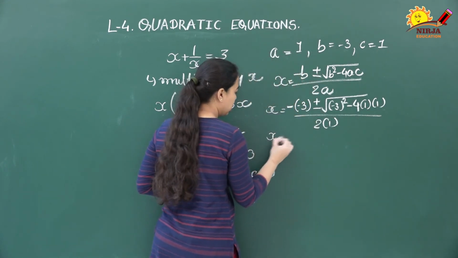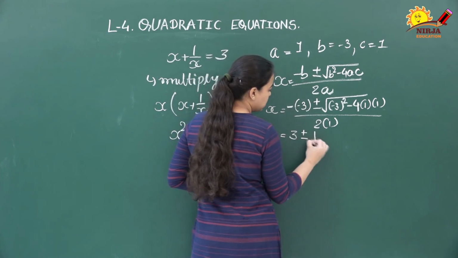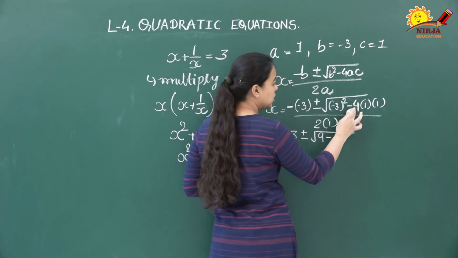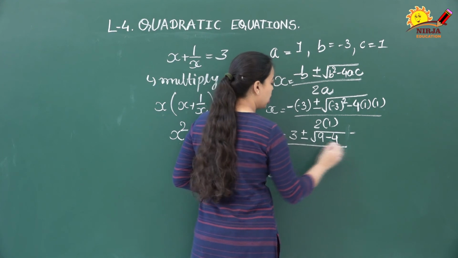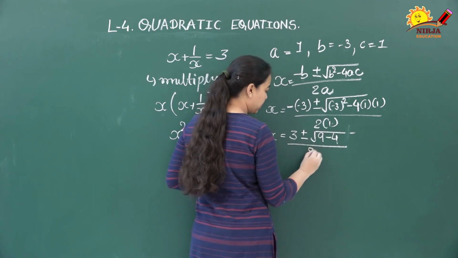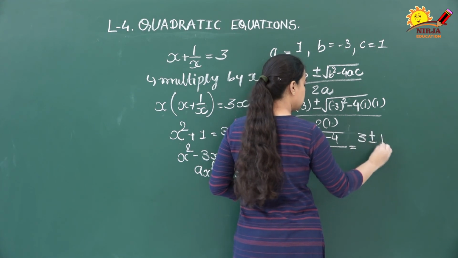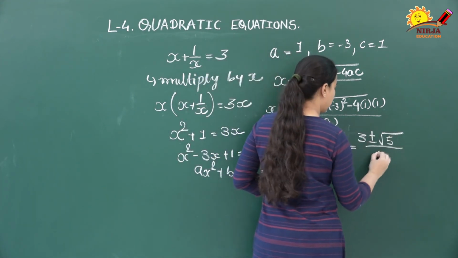Let's solve it: 3 plus or minus under root 3 square, 9, minus 4 multiplied by 1, that is 4, upon 2 multiplied by 1, 2. So it is 3 plus or minus under root 9 minus 4, which is 5, upon 2.